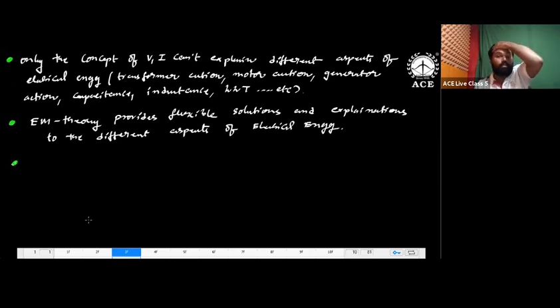Number 3. Then what is the EM phenomena? To put it in simple words, EM phenomena explains the interplay or interdependence or coexistence mechanism between both electric and magnetic fields, isn't it?